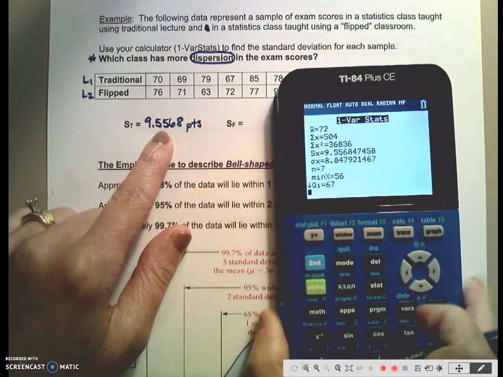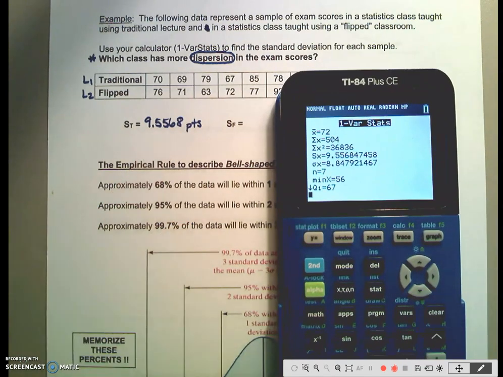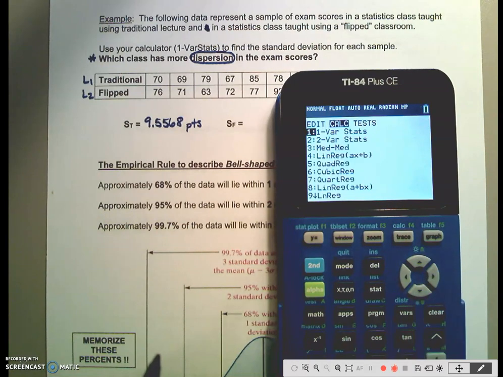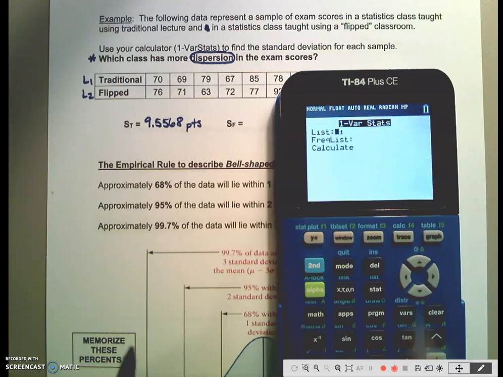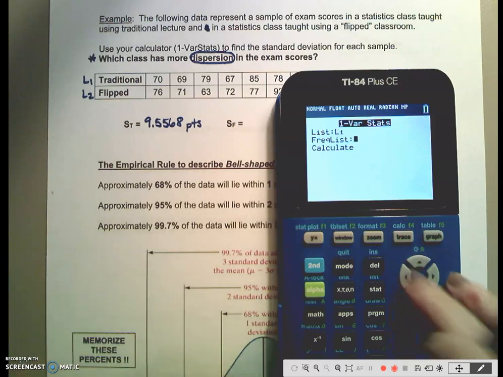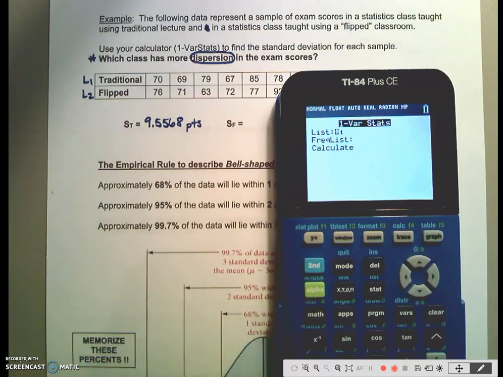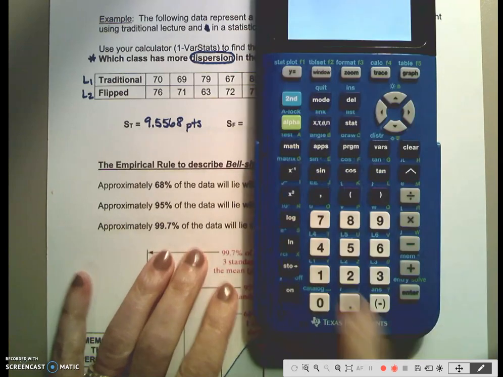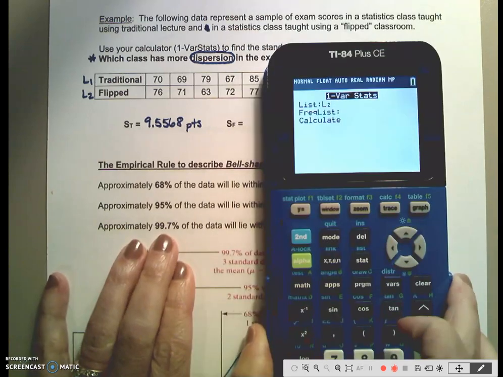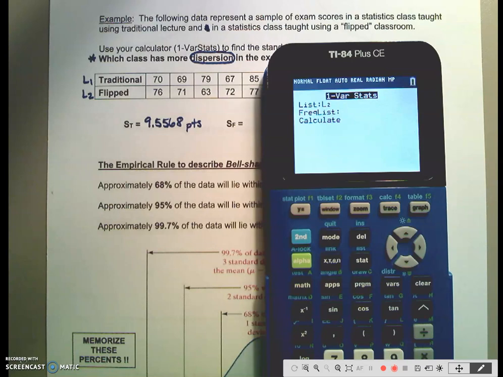Now, if I want to do the flipped class, here's how you get your calculator to look at a different list. You go Stat, Calc, 1-Var Stats, but now you need to put L2 so that your calculator will look at L2. And if you have the older calculator, you'll type L2 at the end where it says 1-Var Stats. So I need to put second 2, because remember the L2 is down here. So second 2, and that's going to tell my calculator to look at the second list.